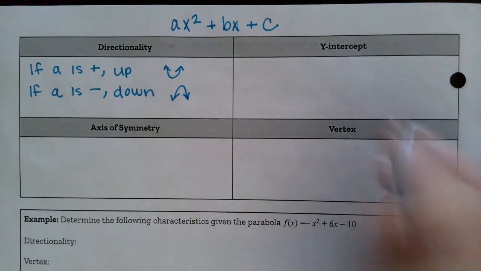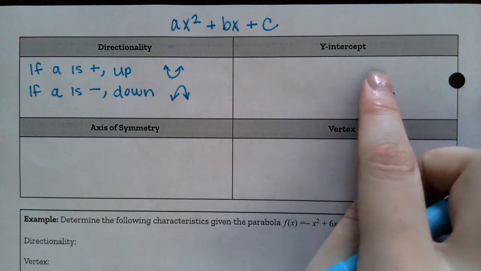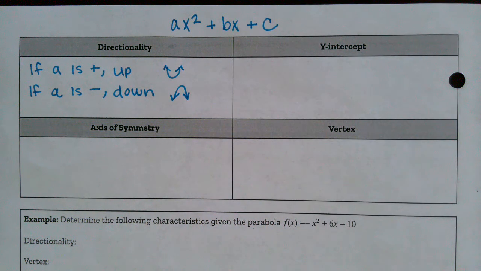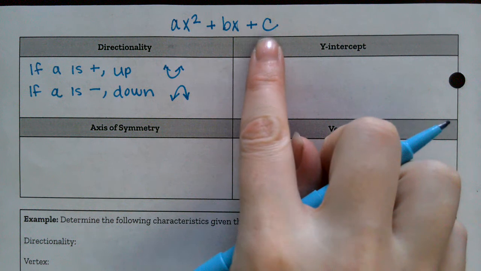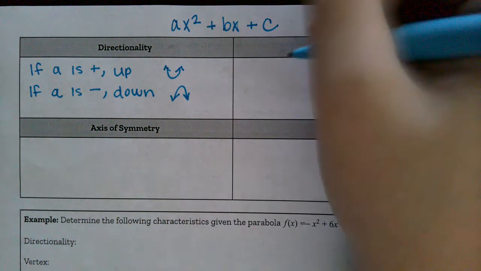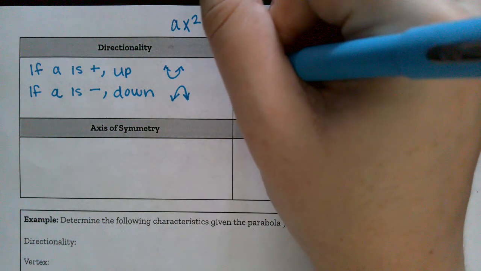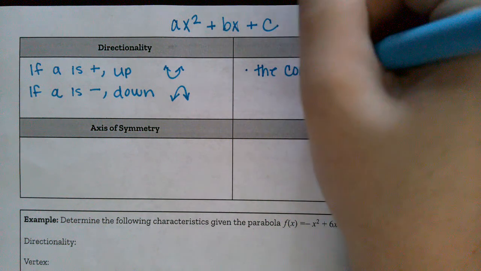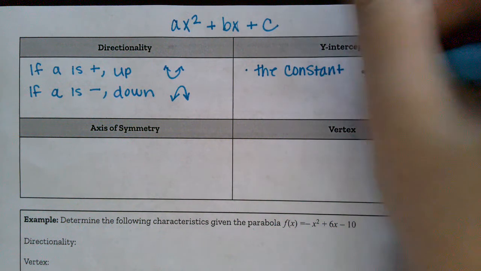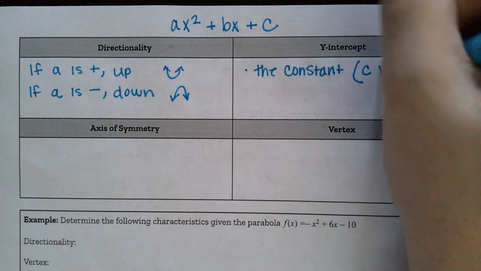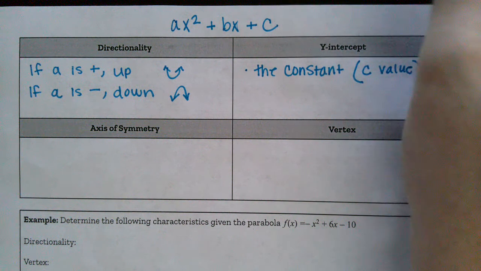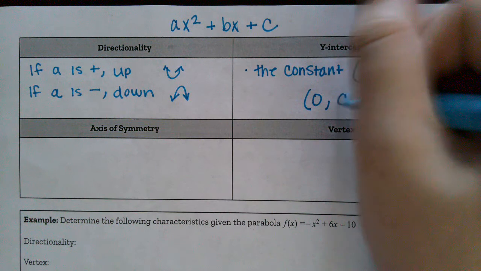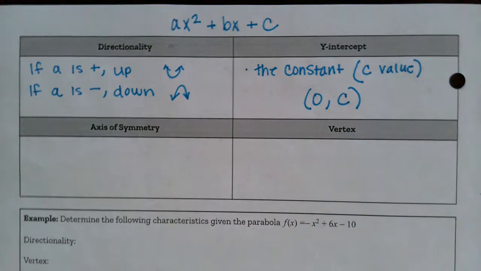Great. Second part is our y-intercept, and our y-intercept is the same concept as our y-intercept for linear functions. It's that constant that's all by itself. So our y-intercept is the constant, which is our c value. You just have to remember to write it as a point, so 0, comma, our c value.